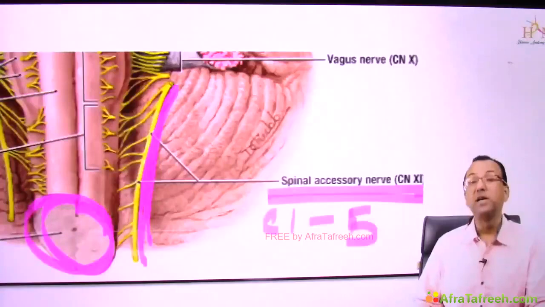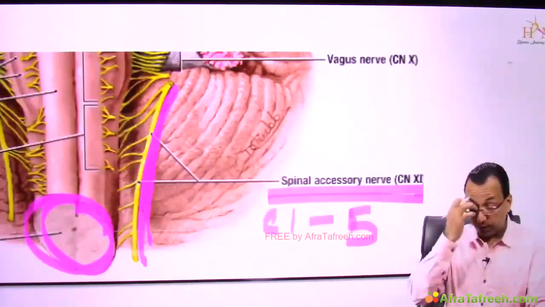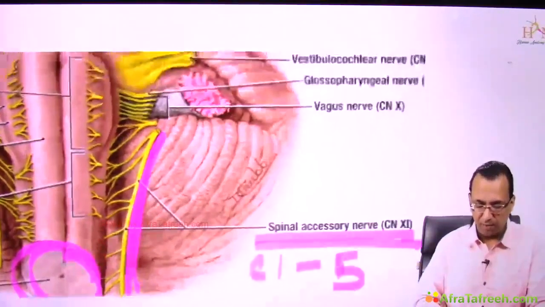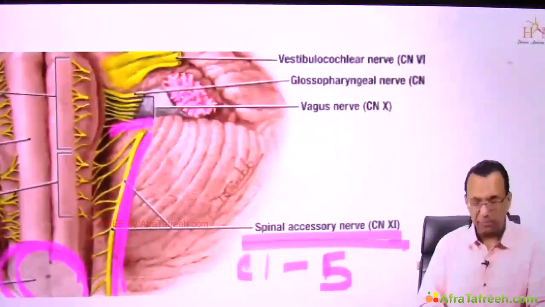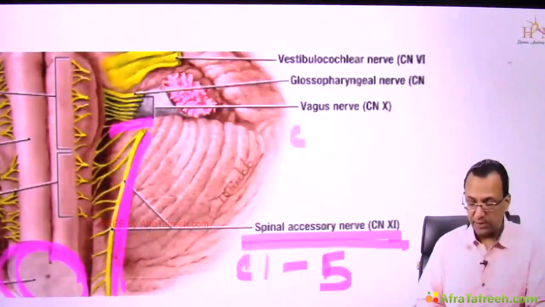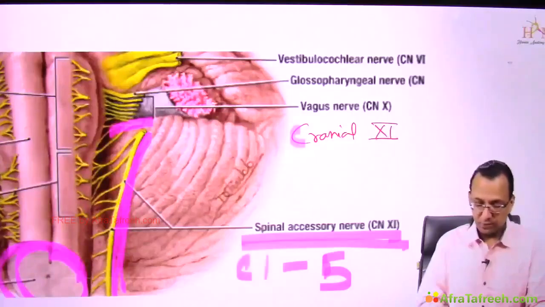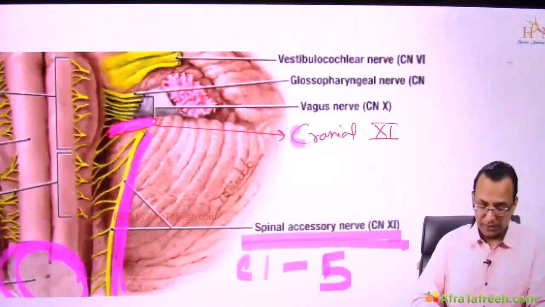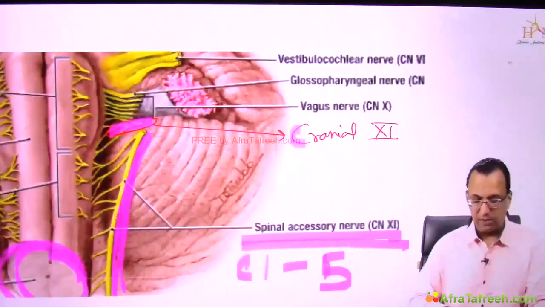So from C1 to C5, you will have this spinal accessory nerve. What is it doing? It will enter the foramen magnum and join the cranial part of the 11th nerve. So this is the cranial part of the 11th nerve, and the spinal part of the 11th nerve, and together they will run.